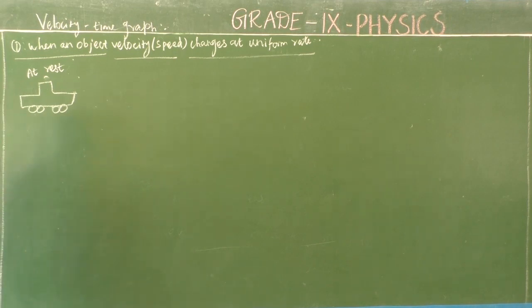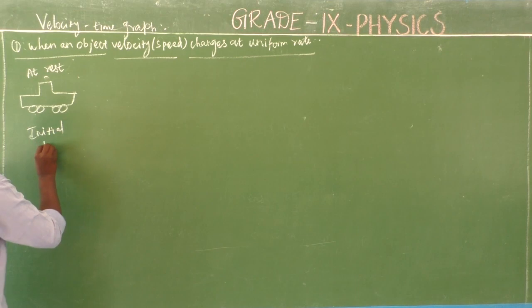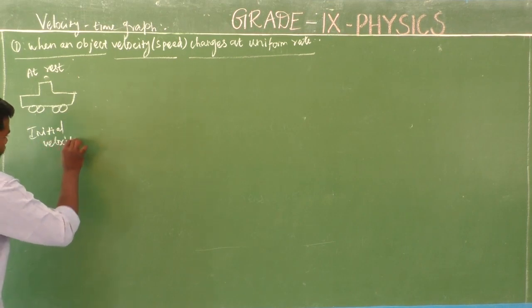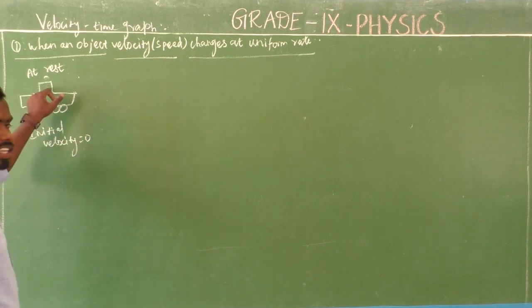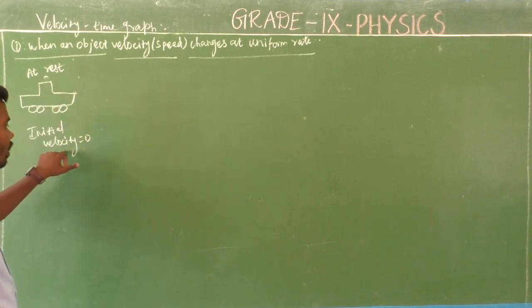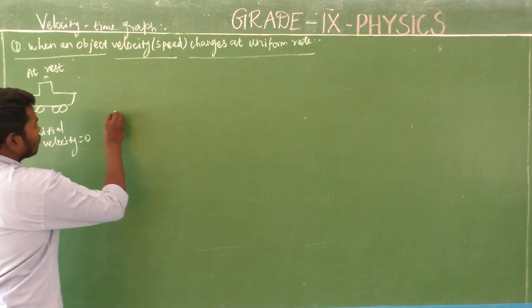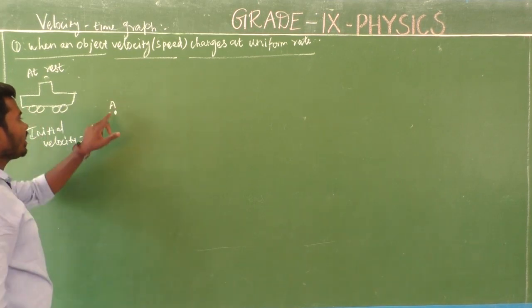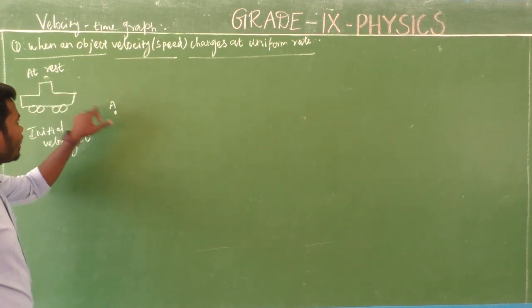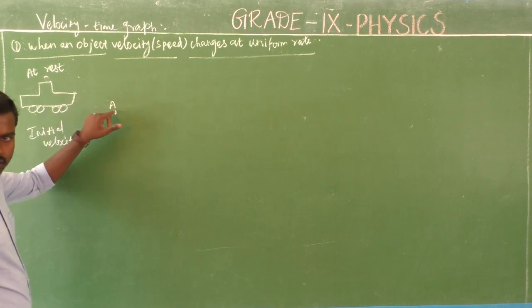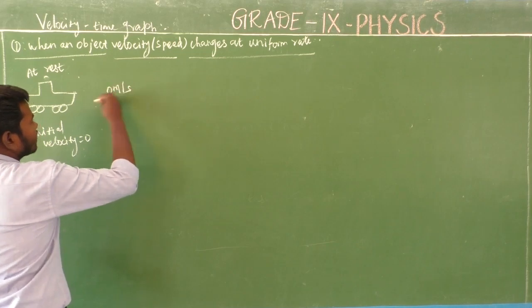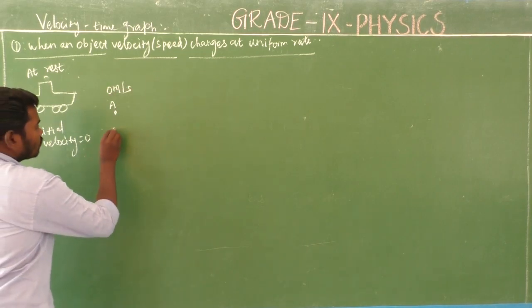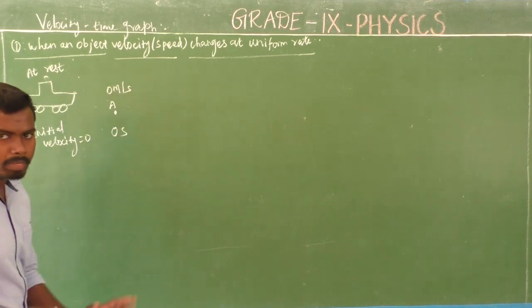Zero. Consider this is point A. At point A the car is at rest, so the initial velocity of the object is 0 and the time is 0 seconds.